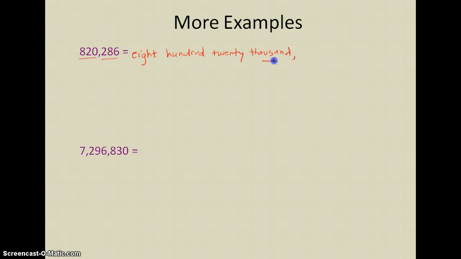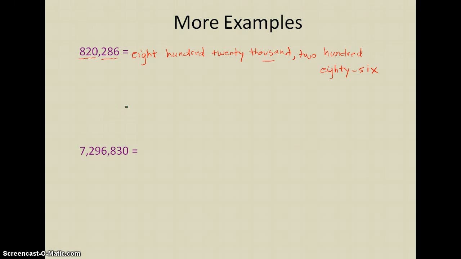Here's the group, thousand, and I've got my comma, and then I'm going to write 200, and I'm running out of room here, so I'm going to put 86 just kind of down below. And 86 is a two-word number that's between 21 and 99, so this one does get a hyphen in it.